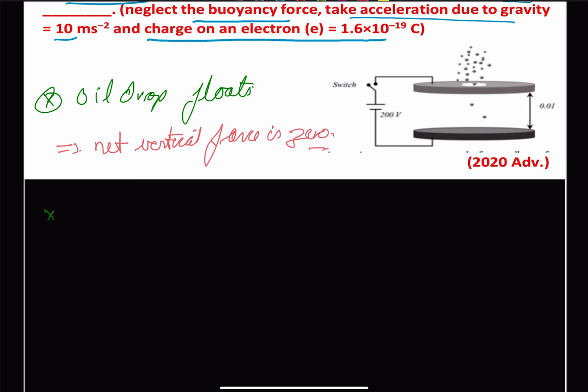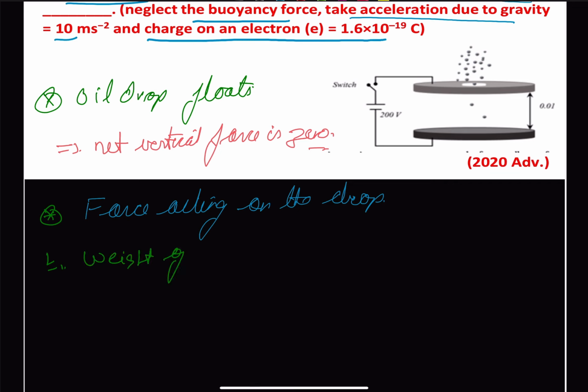So we can simply write the forces acting on the drop. Our first force is the weight of the drop, which will be in the downward direction. Let us call this Fg, which will be equal to mg.